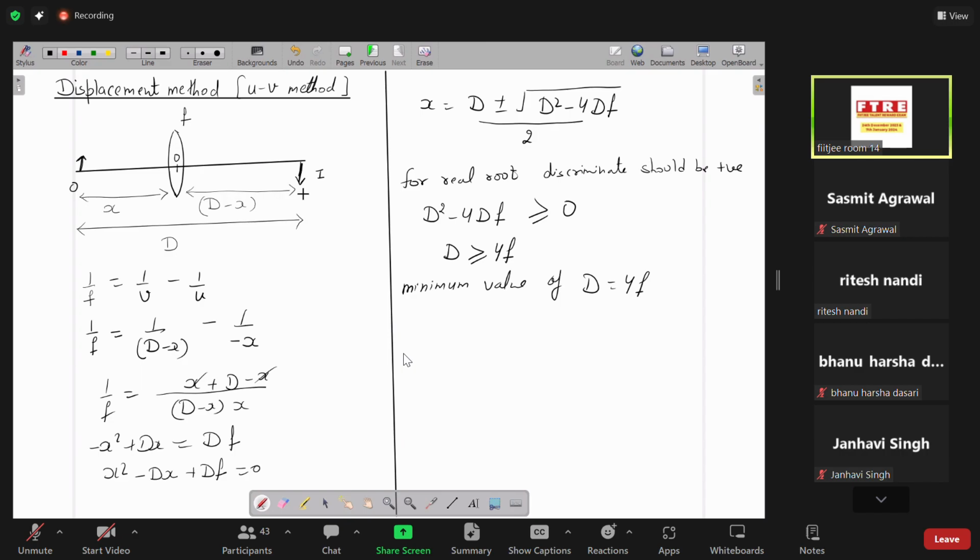This is the position where the object and its real image will be closest to each other. At any other location, the distance between the object and its real image will be more than 4f.